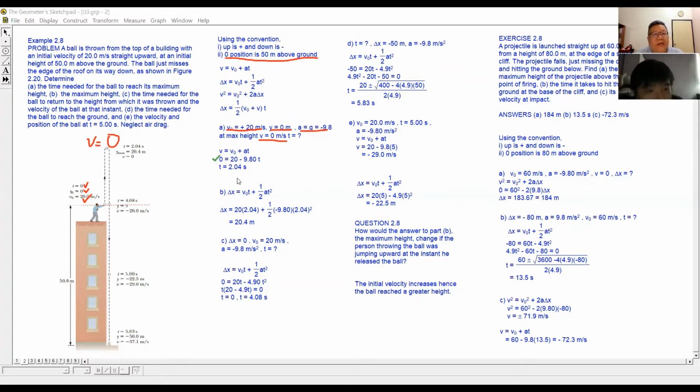The initial velocity is 20, final velocity is 0, acceleration is negative 9.8, and the time we don't know. So solving this linear equation, I have the answer 2.04 seconds. So it means that at this position, when the velocity is 0, the time is 2.04 seconds.